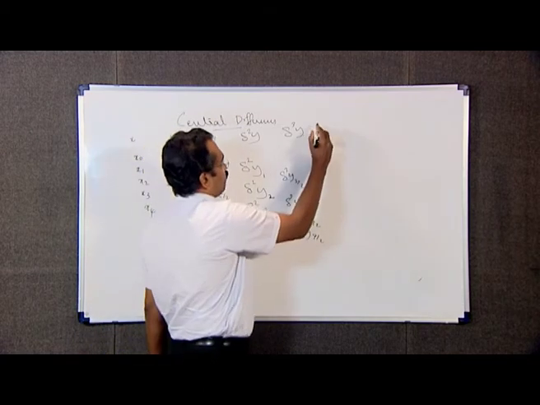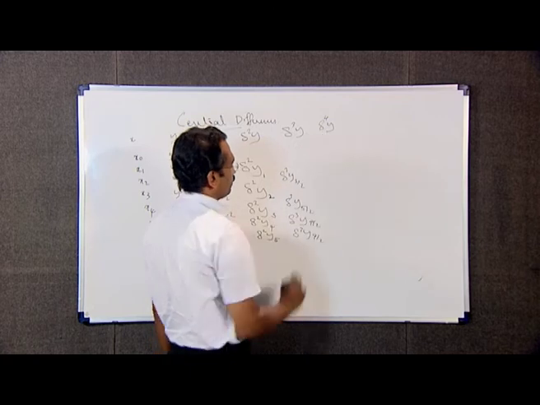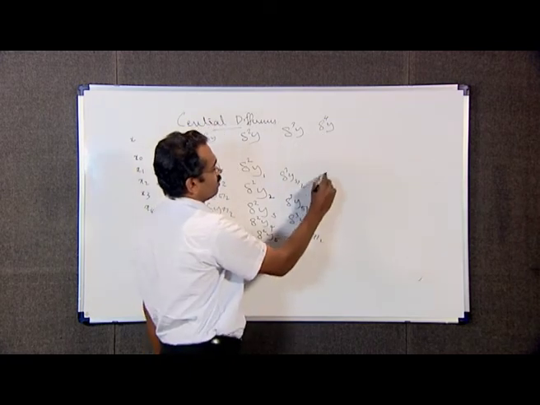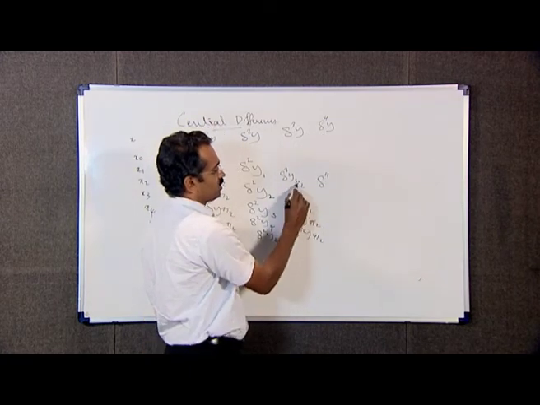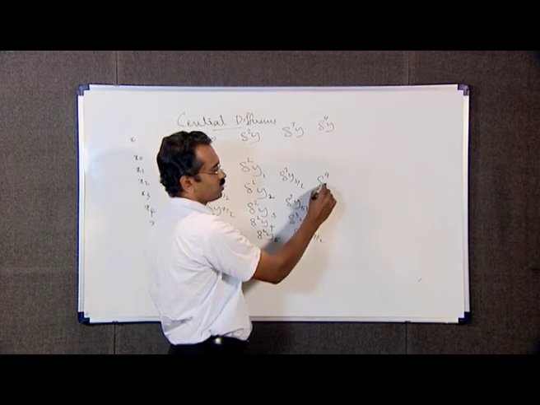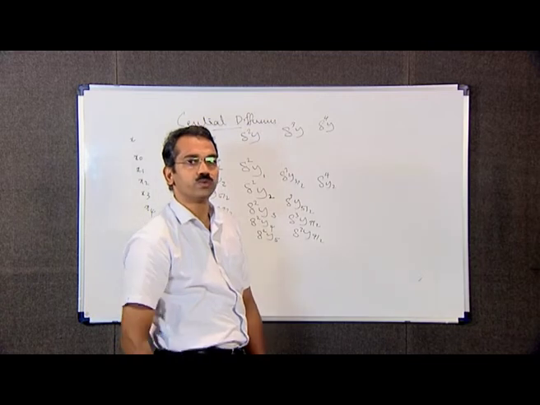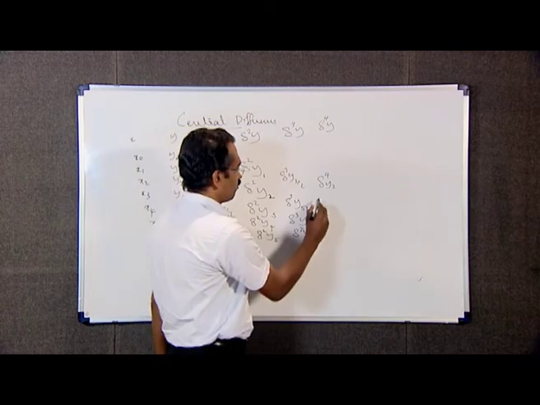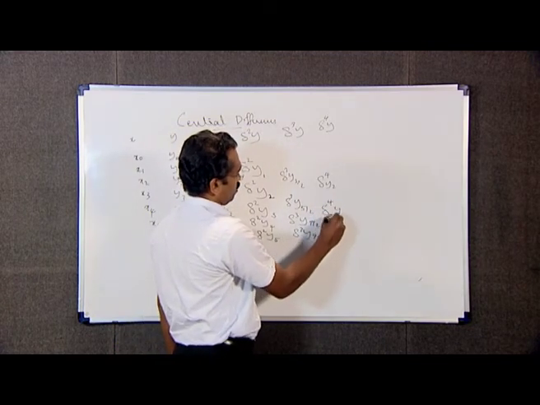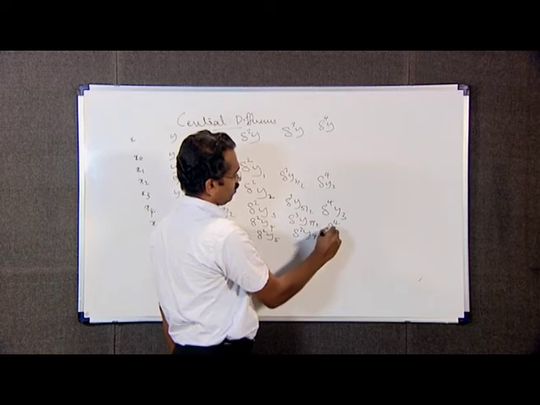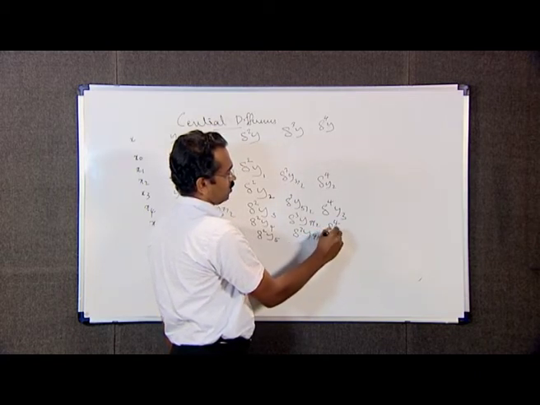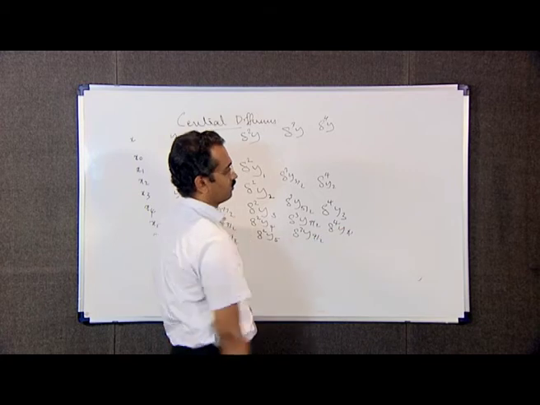The fourth differences are delta raised to 4: here 5 plus 3 is 8, 8 by 2 is 4, 4 by 2 is 2, delta raised to 4 y 2, delta raised to 4 y 3 and delta raised to 4 y 4.